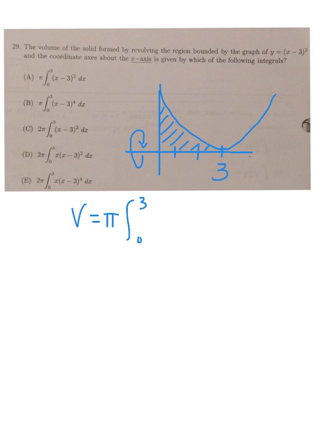So it's just going to be one radius. So basically pi r squared, right? And my radius is top curve, which is (x minus 3) squared, right? But then we have to square that because, remember, it's pi times radius squared, and then dx. And then if you look at your answer choices, that would really be choice B, as in boy.